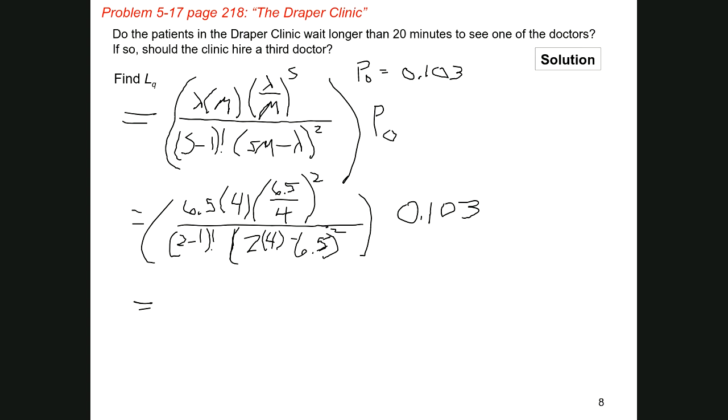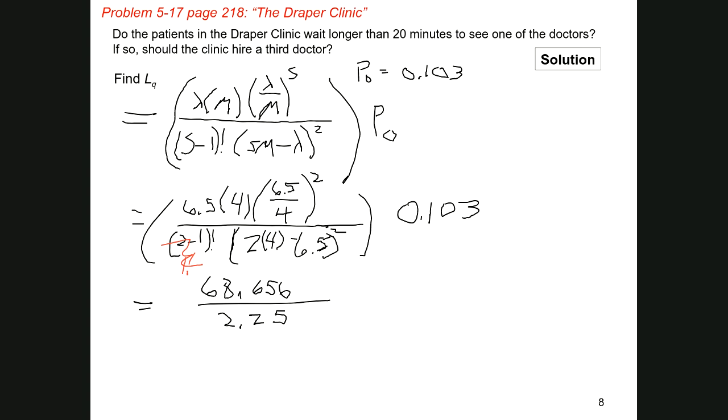When we do this arithmetic, hopefully you can do this on the calculator, the numerator is about 68.656. The denominator, remember, 2 minus 1 factorial is just 1 factorial, which is 1, so that goes away. So the denominator is 1.5 squared, or 2.25.